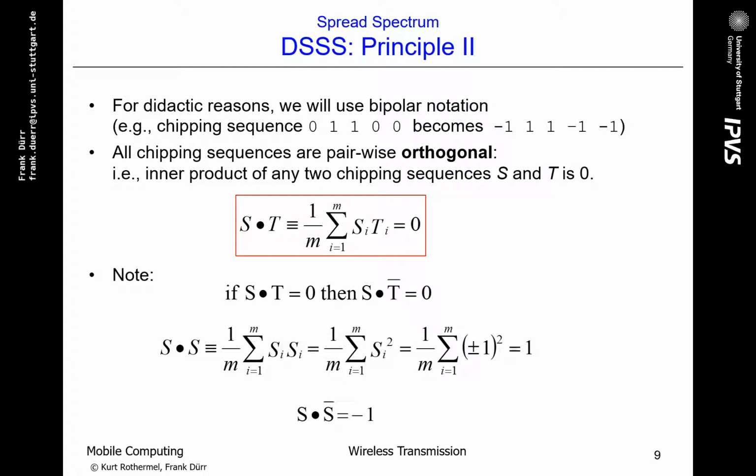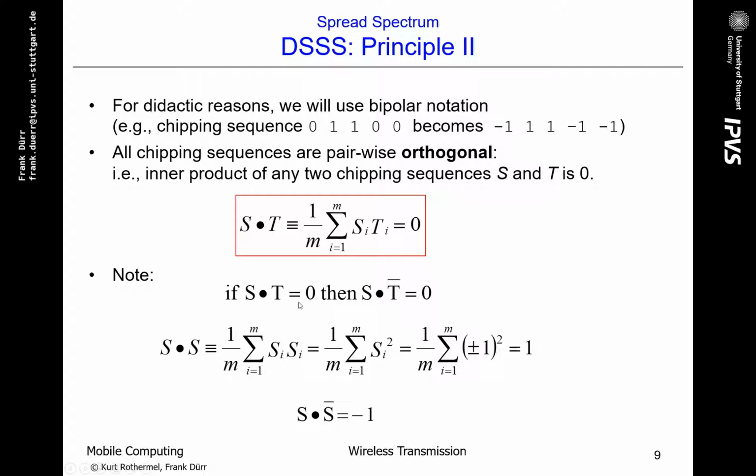Second observation to make is that if we take the inner product of S and S itself, we get a 1. I think that's also quite easy to see because what do we do here? Assume the first chip of S is 1. Then we multiply 1 by 1. What do we get? 1. Assume the second chip maybe of S is minus 1. Then what do we calculate here?